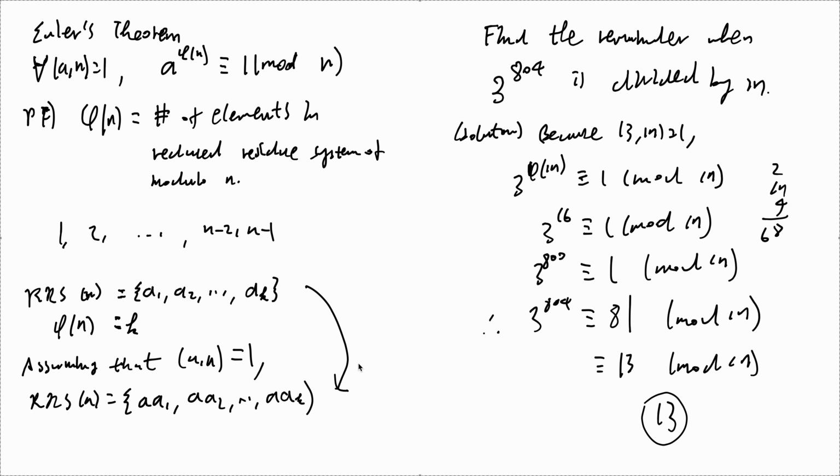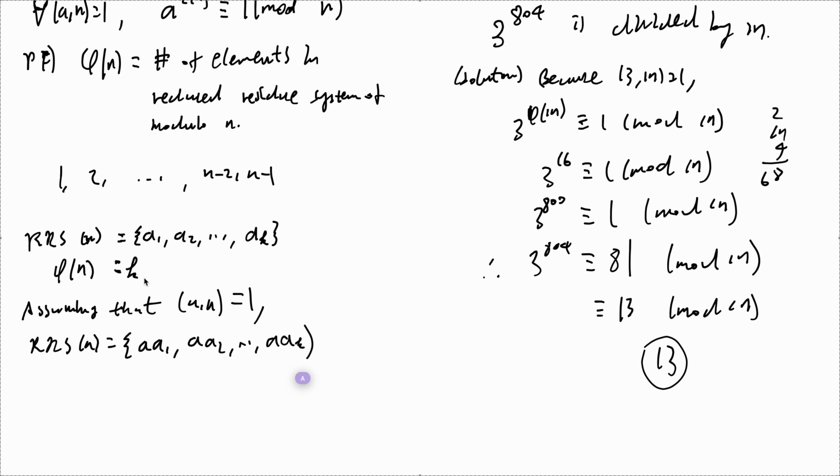Okay, so because we know that this is true, then we also know that when we multiply everything, 1 times a sub 2 times all the way up till a sub k is congruent to, because of the very reasoning that I just explained, a times a sub 2 times a sub k mod n.